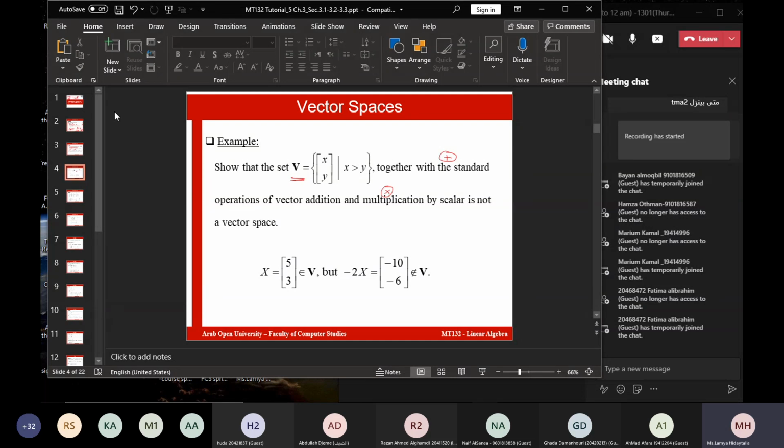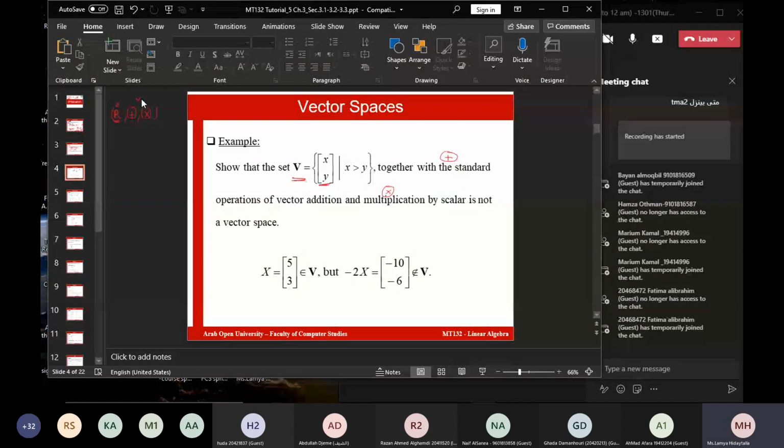What kind of vectors are these? We had before that they are elements in R2. Now all of R2 plus the standard way of adding, this is a vector space. But this one, are all the elements of R2 available here or only some of them? Tell me, are all the elements in R2 elements here or no? What do you think?